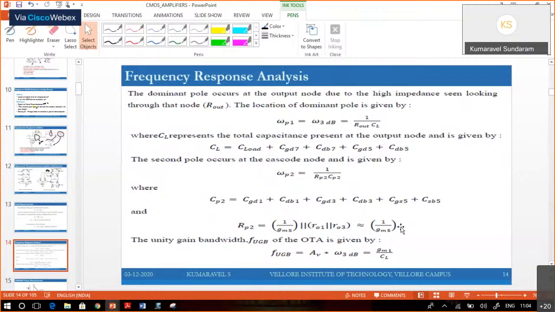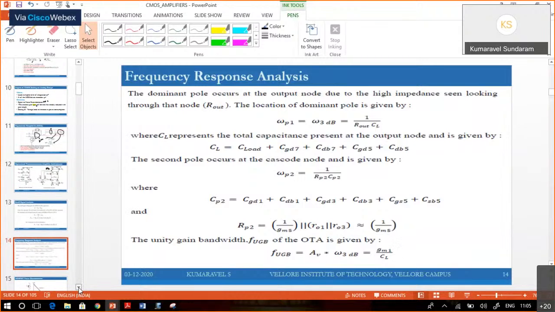So RP2 is equal to 1 by gm5. So if you substitute gm5 by CP2, and the unity gain bandwidth is AV into the dominant pole, so gm2.